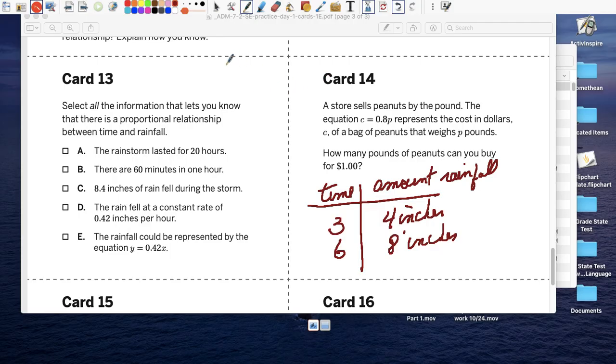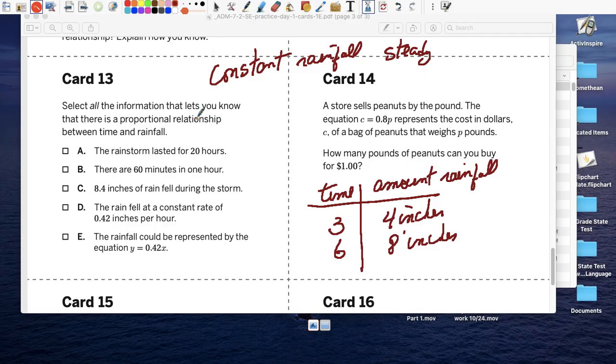I don't know. It could have been a lot of rain the first hour, and then little rain in the second hour, and then some medium rain the third hour, and then the 11th hour, again, a lot of rain. It doesn't tell me if it was consistent rain. There's that word, constant. Rainfall, constant rainfall, something that tells me that it was steady, the same amount of rainfall throughout the 20 hours. So I'm going to say no to that.